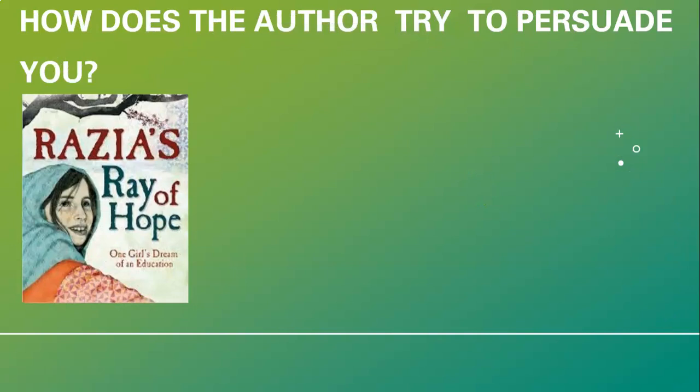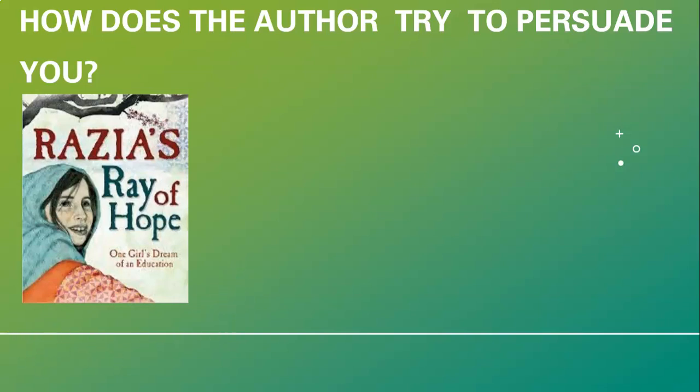And so now we're going to do the same thing. We're going to ask ourselves the same question as we did with Follow the Moon. How does the author try to persuade you in this piece of text, Education for Everyone? What did they do that hopefully made you think or believe something or persuaded you to try to do something?